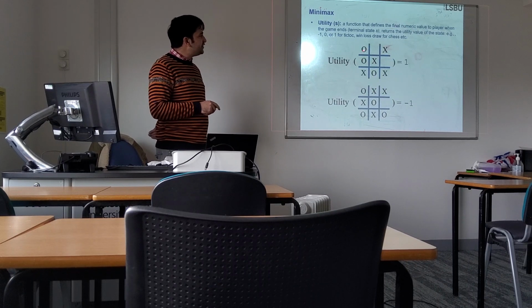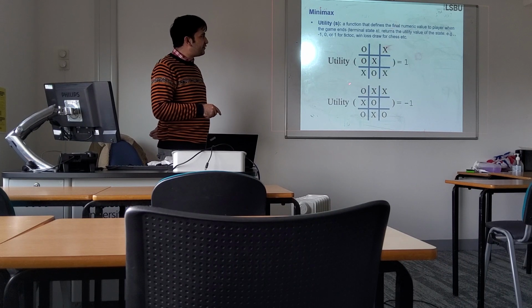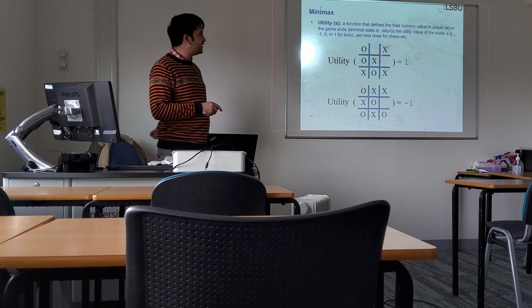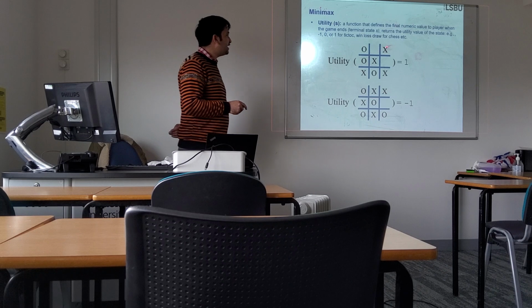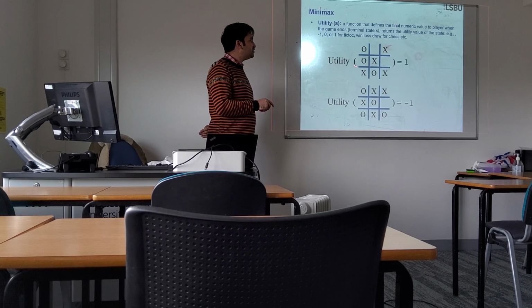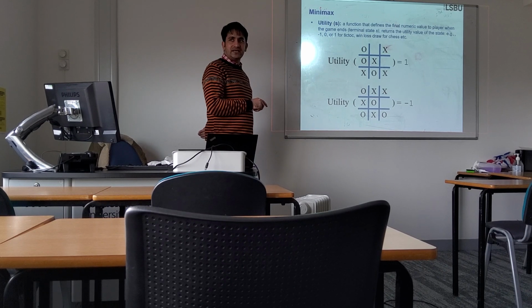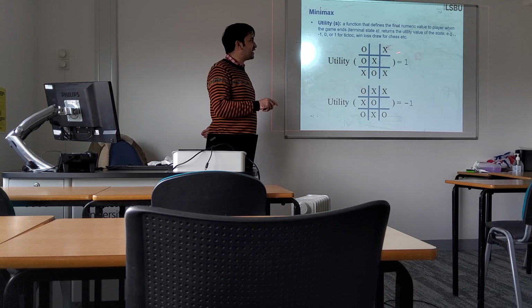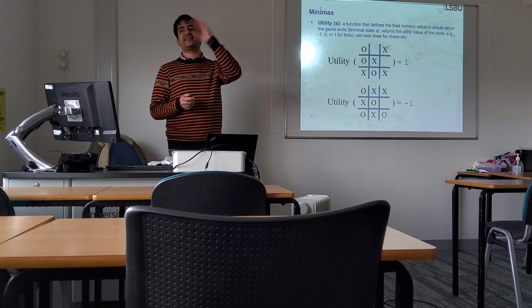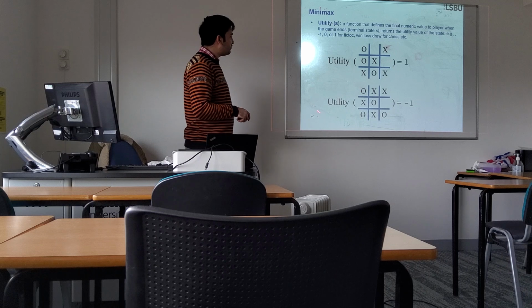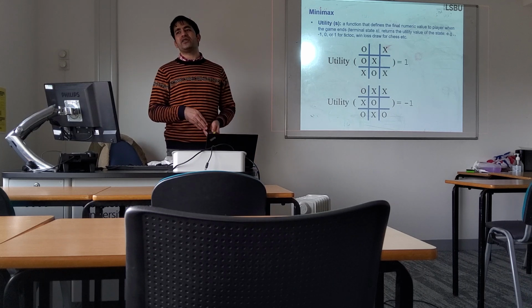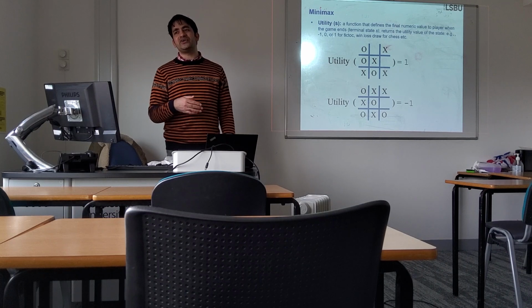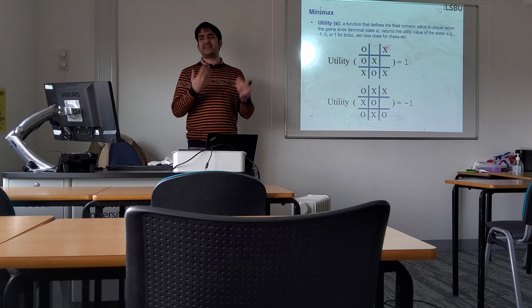The utility function applies when you have a terminal state. Here you can see you have a winning position, so you have a terminal state. You provide it to utility, and utility assigns it one value: 1 means max has won. If utility assigns -1, it means min has won, because it tried to minimize the outcome, so indirectly it is maximizing itself.